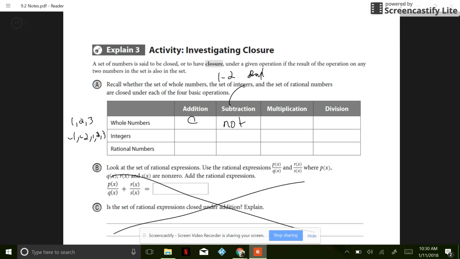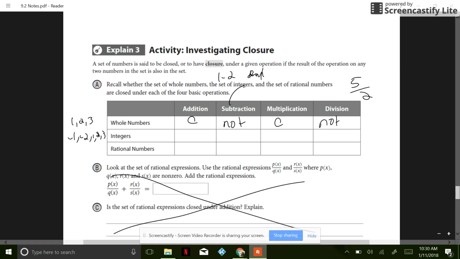Well, now we've moved into the integers, and it's no longer in the whole numbers. So that one's not closed there. Multiplication is closed. If I multiply 1 times 2, I'm going to get another whole number. And division, it's not closed. So something like 5 over 2, it's going to give me a decimal. We're not a whole number anymore.